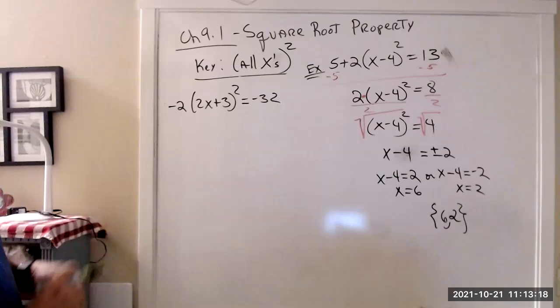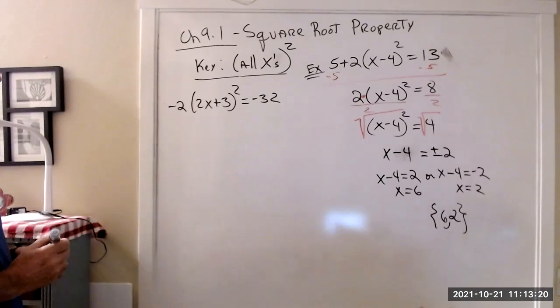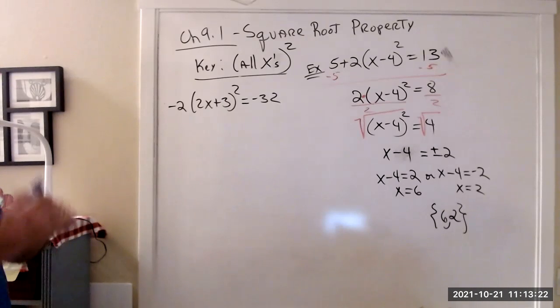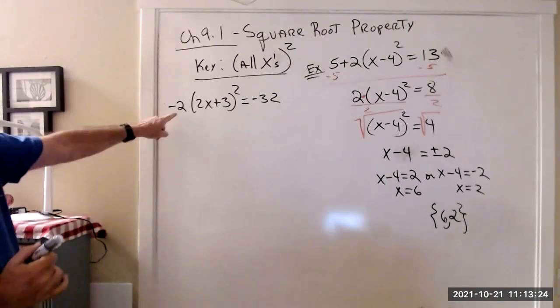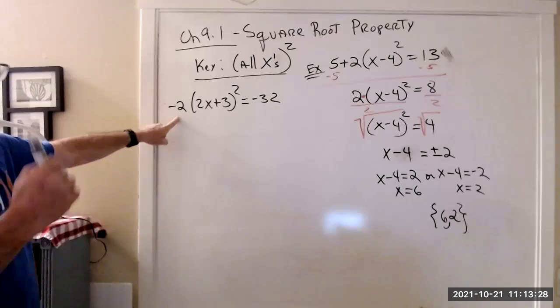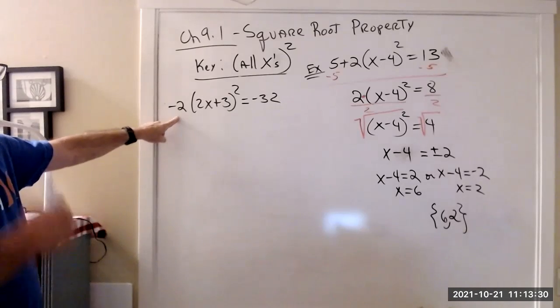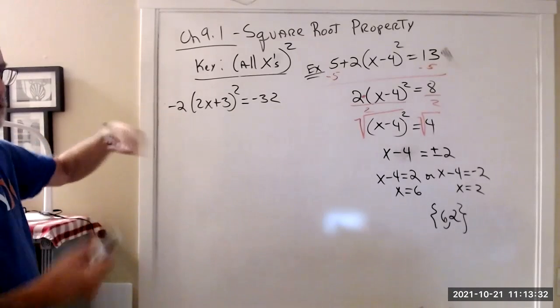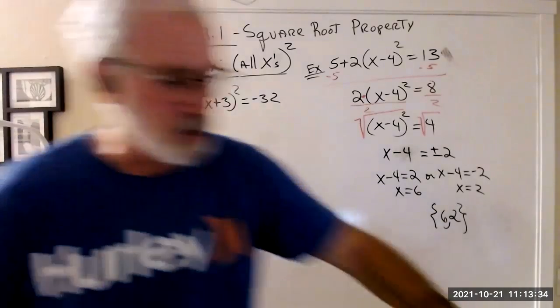Okay, how about you guys take a minute to give it a try. Isolate the radical, that means divide both sides by negative 2. Square root both sides. Remember to put a plus or minus in, and try to solve the problem. So I'll give you a couple of minutes to try that.